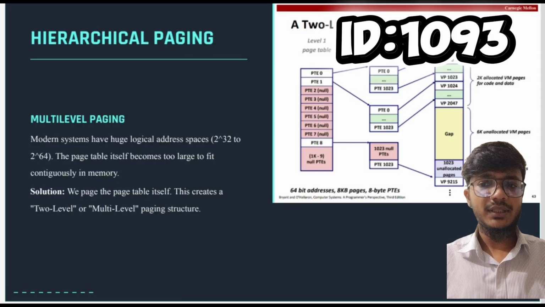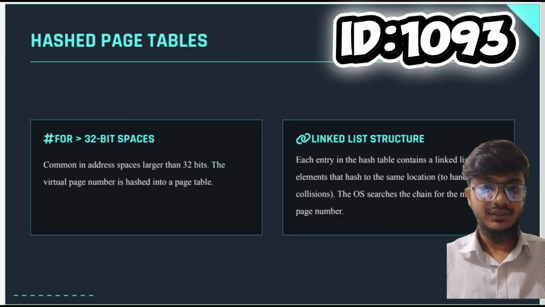To solve this problem, we use hierarchical paging. Simply put, we break the page table itself down into smaller pages. You can think of this like a large book's index. If the index is too large, you might need a separate index for the main index.